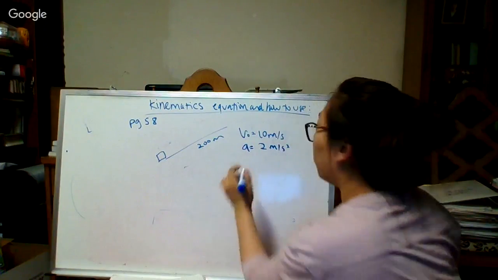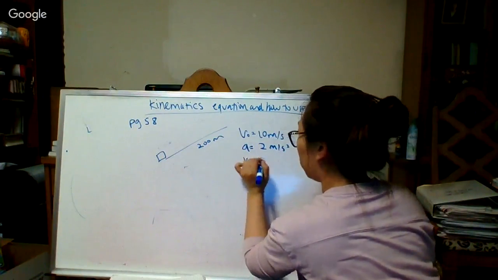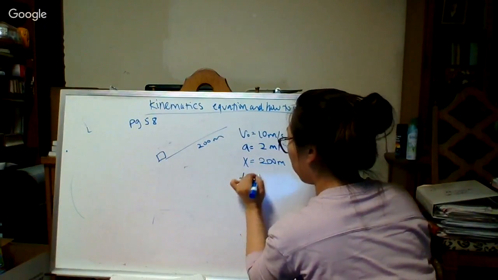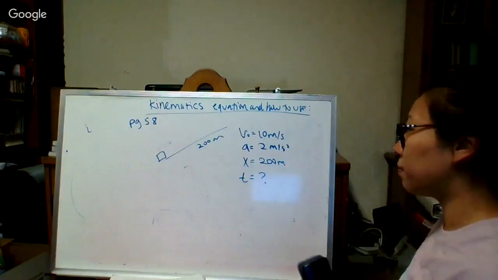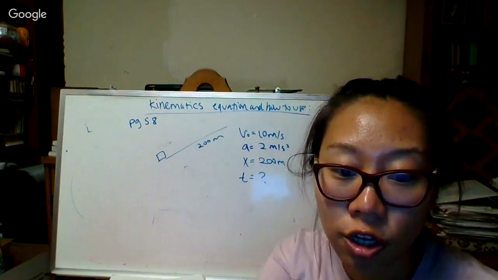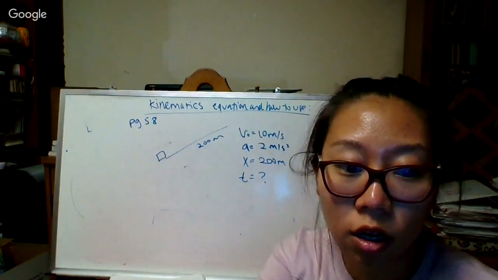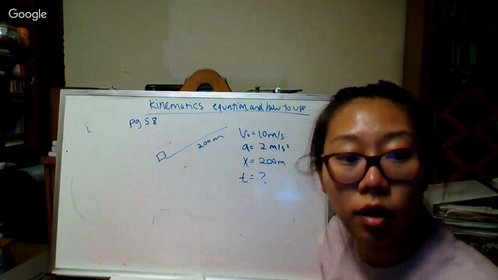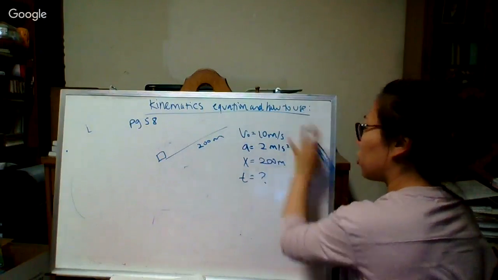And they're asking you, for 200 meters, how long it's going to take. So they're asking for time. Okay. The very first thing you must do is make sure that your units are aligned.